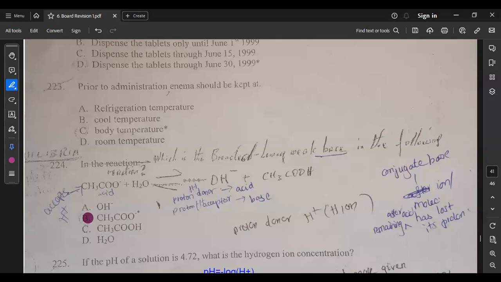Question 223. Prior to administration, enema should be kept at body temperature.